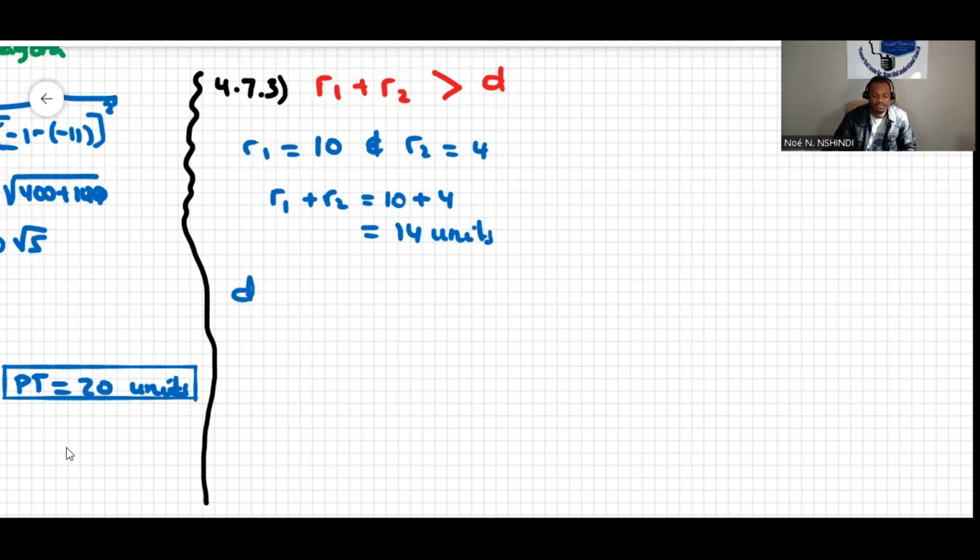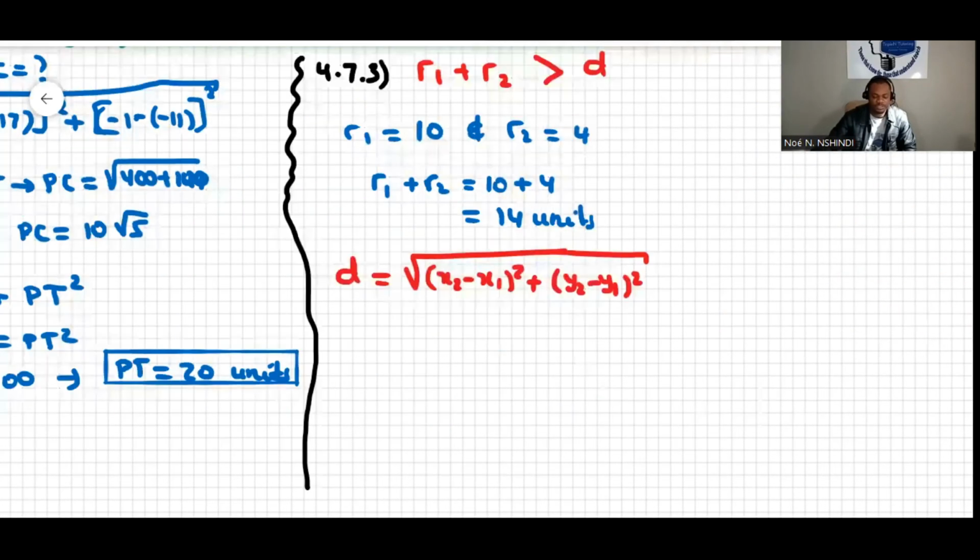Now let's calculate the distance between the centers. The distance is given by the square root of x2 minus x1 to the power of 2 plus y2 minus y1 to the power of 2.